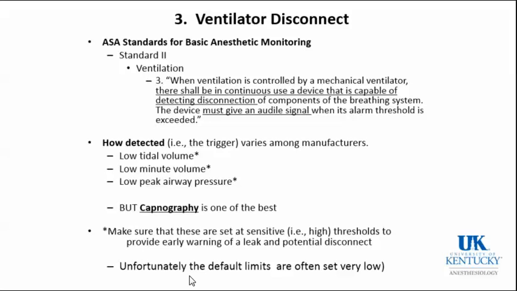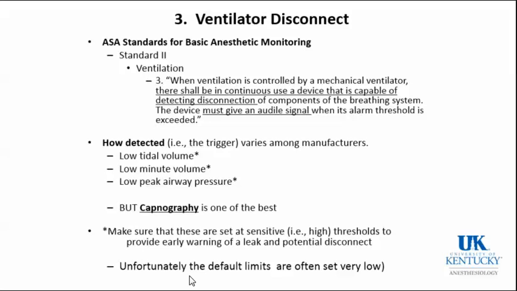Another question was ventilator disconnect. Remember that the ASA standards for basic monitoring says that when ventilation is controlled by mechanical ventilators, there shall be in continuous use a device that is capable of detecting disconnection. So how might it be detected?